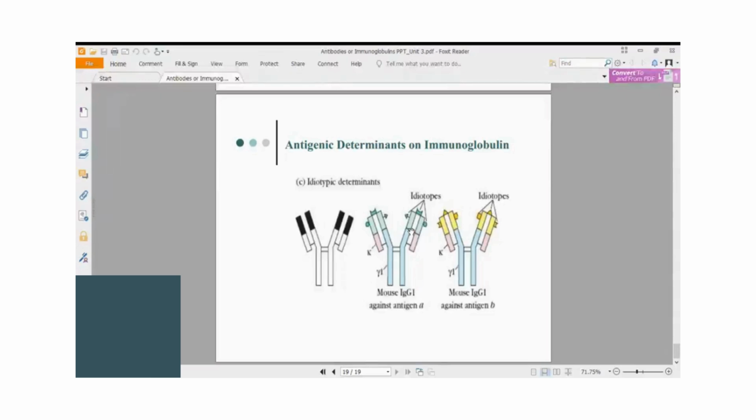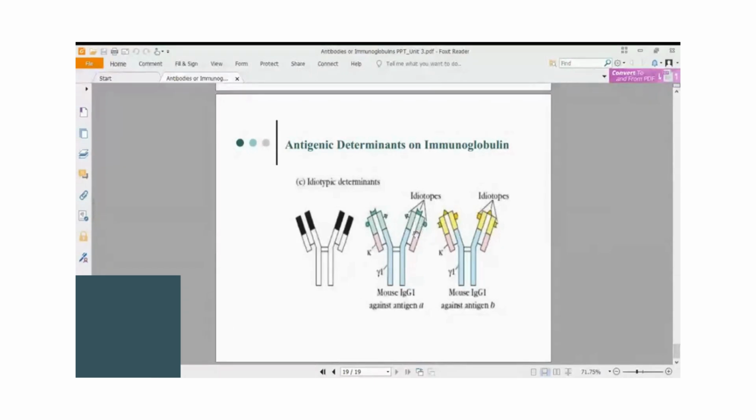To prevent that, you have to prevent the autoantibody from binding to the self antigen. And how do you do it? By creating the monoclonal antibody against the idiotopes of the self antibody and preventing that from binding to the self antigen. That is as far as idiotypic determinants are concerned.